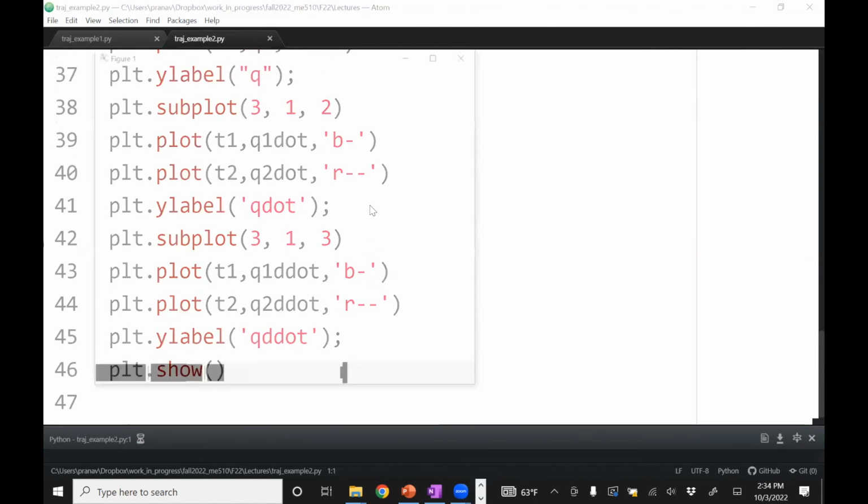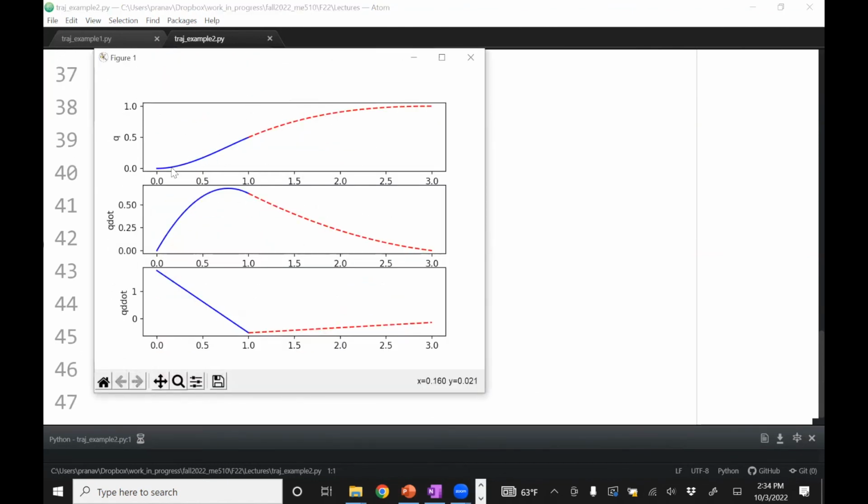Shift P. Okay, here it looks much smoother than the previous one. You can see that the position is smooth there also, but the velocity here is smooth. Acceleration is smooth. The only problem is there's a discontinuity at initial point and the final point, but everything is smooth.